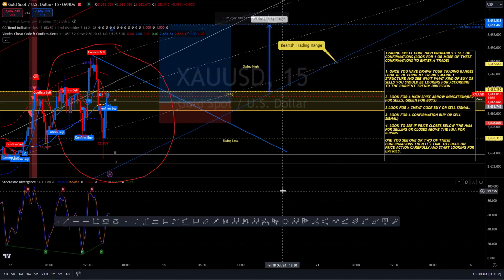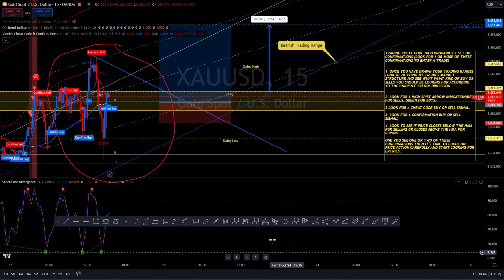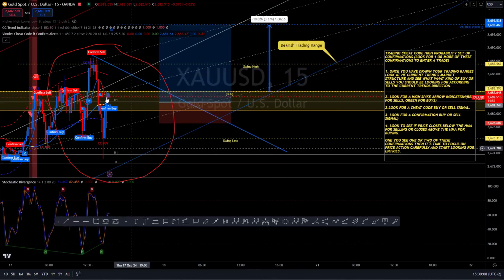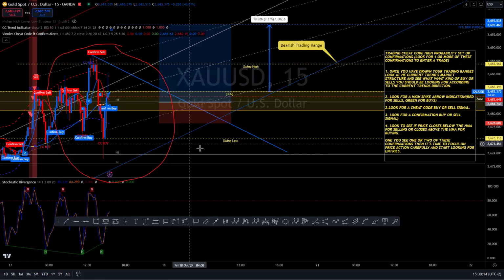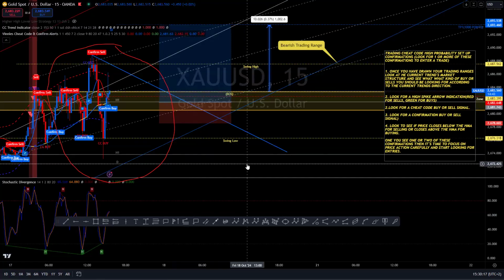And the candle drops. It's like the HMA hasn't turned blue yet. We'll wait for the next candle though.